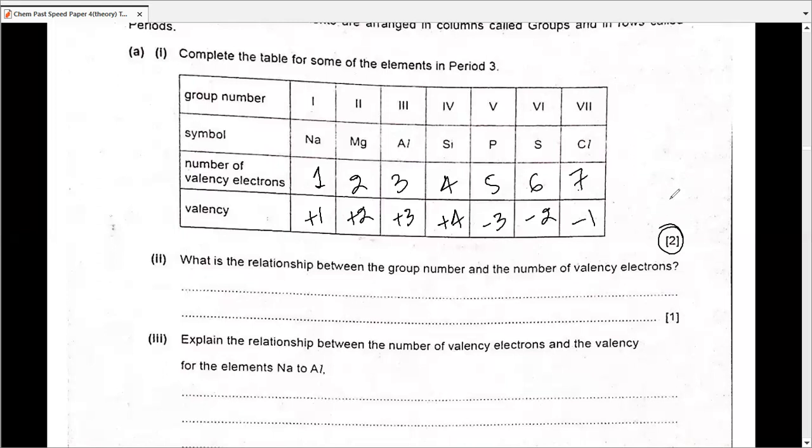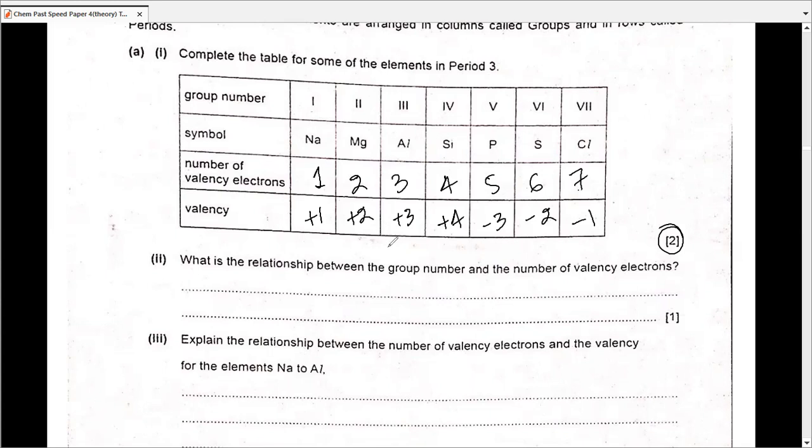Okay, moving on. What is the relationship between group number and the number of valence electrons? It is that the group number is the same as the number of outermost electrons or number of valence electrons.